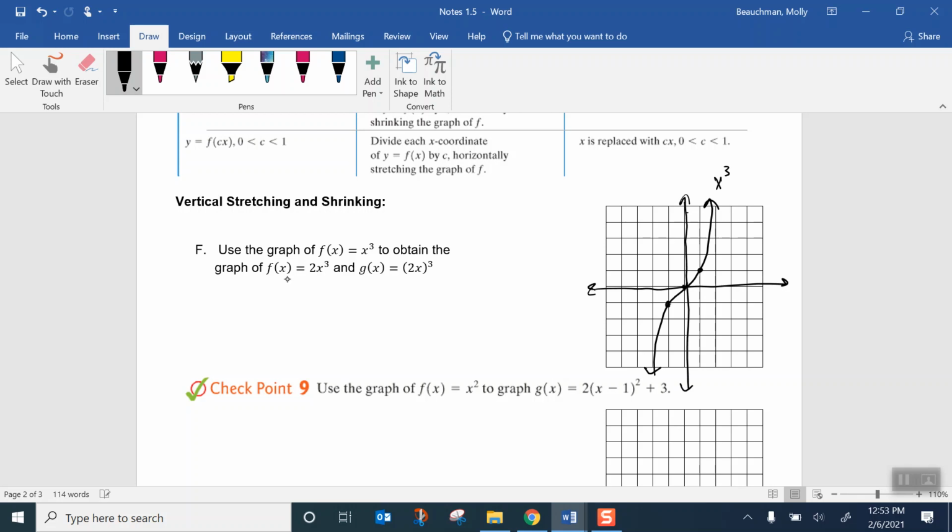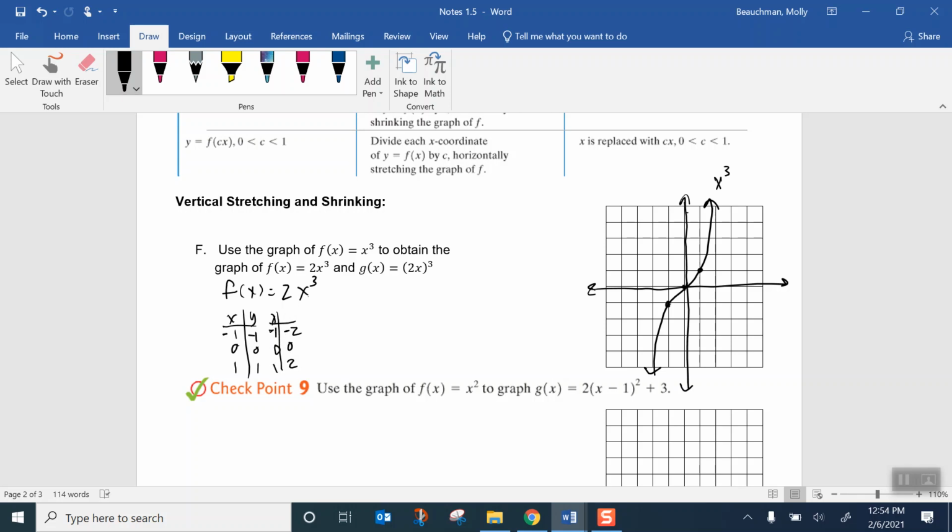If we take 2 times x cubed, we're multiplying all the y-coordinates by 2. So think of the values that we have. When x is negative 1, y is negative 1. When x is 0, y is 0. When x is 1, y is 1. If we multiply each of those by 2, when x is negative 1, y is going to be negative 2. 0, 0, 1, 2.